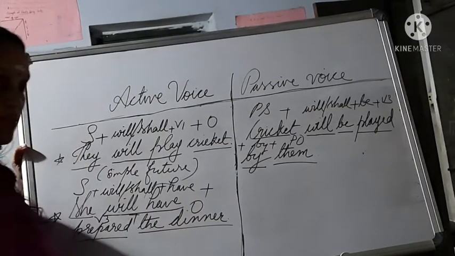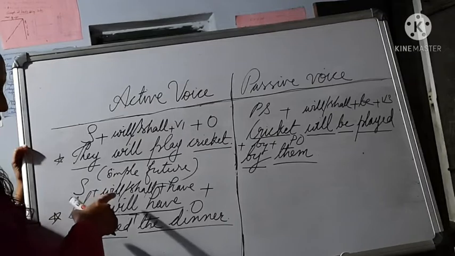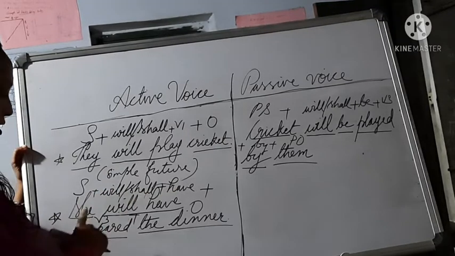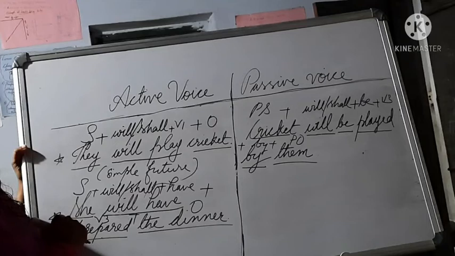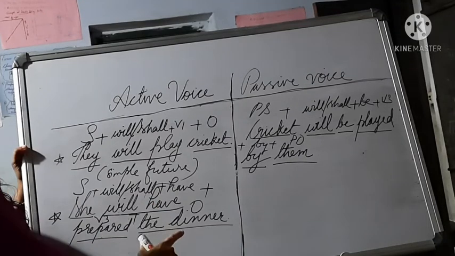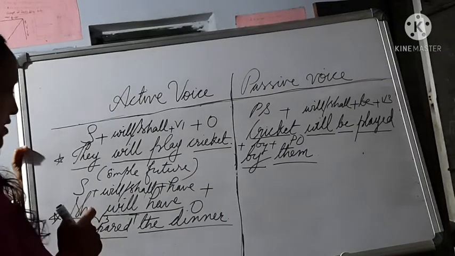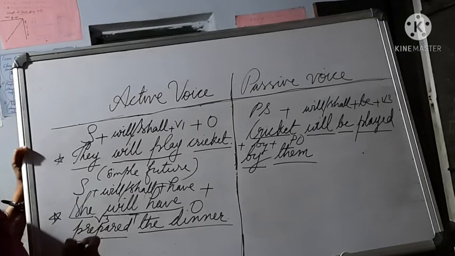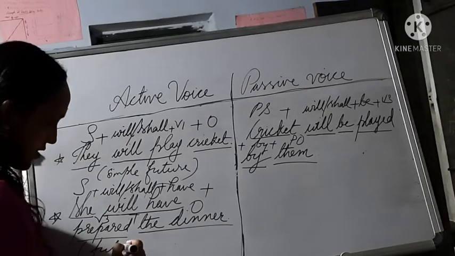The dinner is the object. So the rule for future perfect is will or shall plus have plus V3. So this is in active voice. How can we identify this as active voice? Because subject plus verb plus object, and the verb may change according to the tense. So this is future perfect.